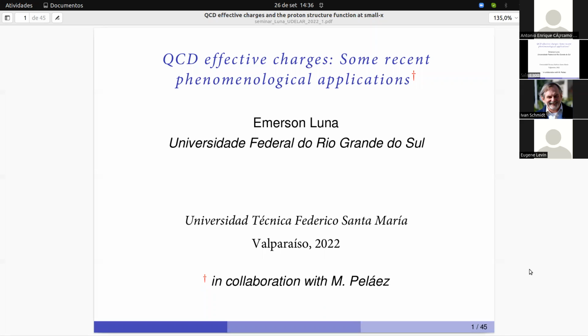I will introduce the main ideas about what a QCD effective charge is, and show how this concept is very useful to find a solution for a problem: a good description of the structure function in the infrared region.